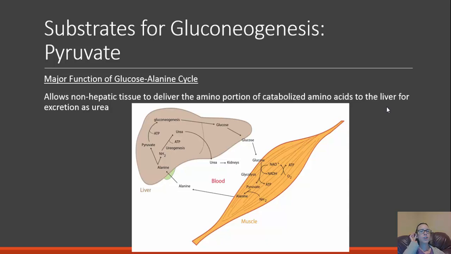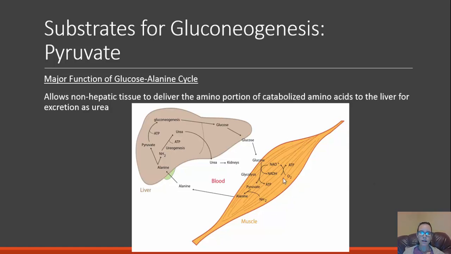Okay, so the major function of the glucose-alanine cycle that utilizes pyruvate as a substrate for gluconeogenesis is that it allows non-hepatic tissues to deliver the amino portion of catabolized amino acids to the liver to be excreted as urea. So let's look at this graphic here, okay?